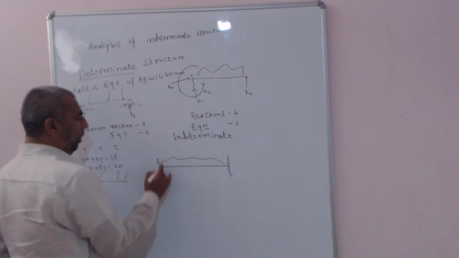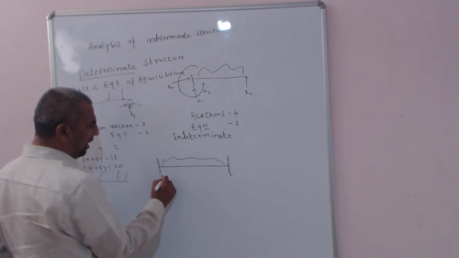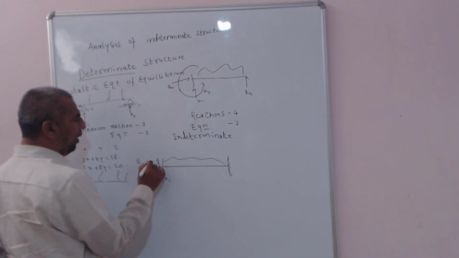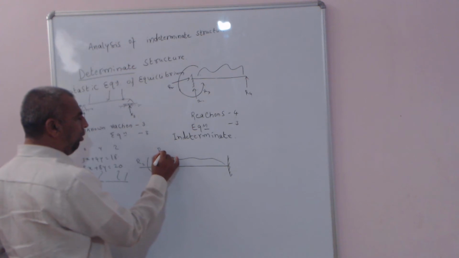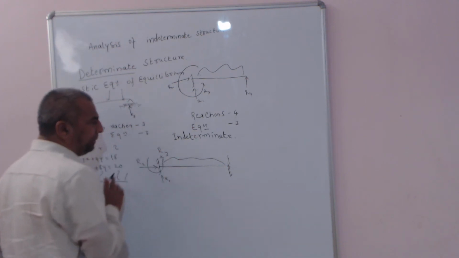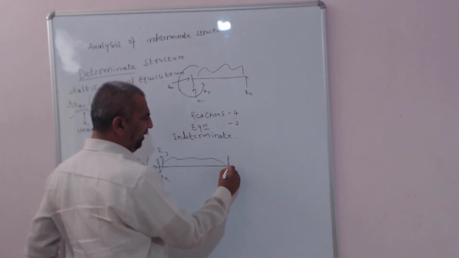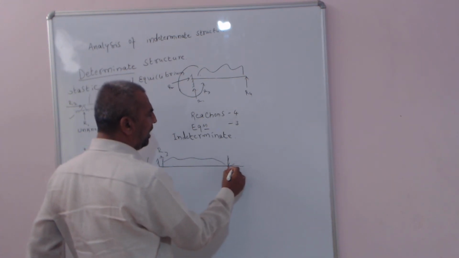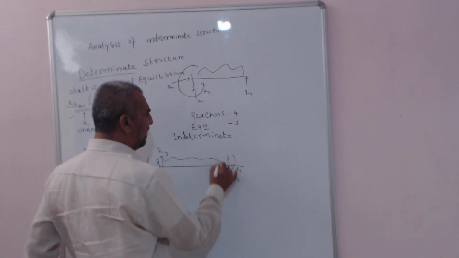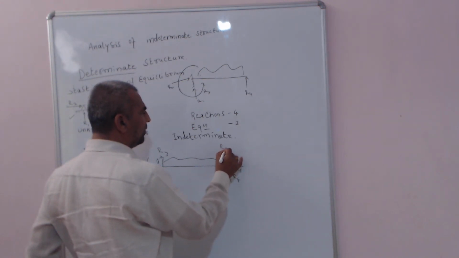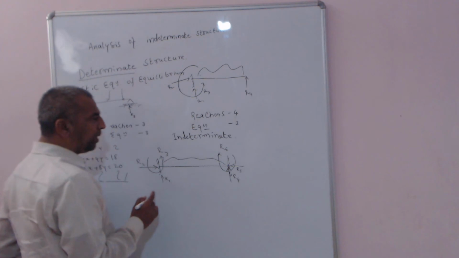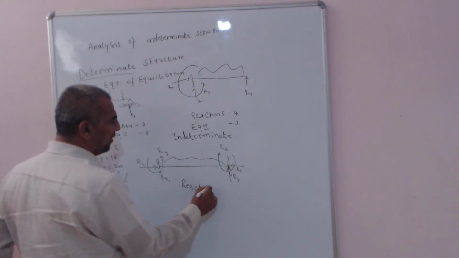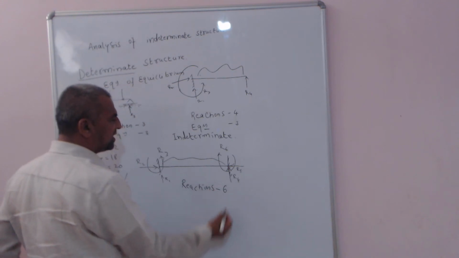At this fixed support, R1, R2, R3, and R4, R5, R6. Therefore, what is the total number of reactions? Reactions are 6.